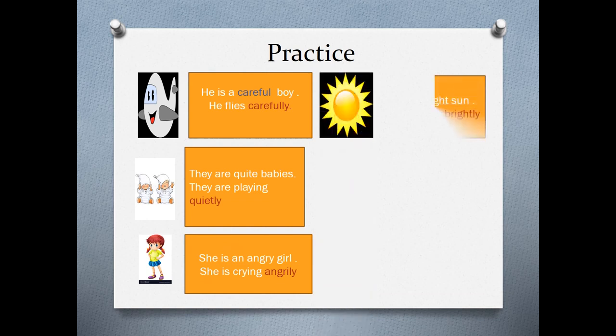Okay, next one. It's a bright sun. Bright is adjective. Sun is noun. It's shining brightly. Shining is verb. Brightly is adverb. Okay. Next sentences.